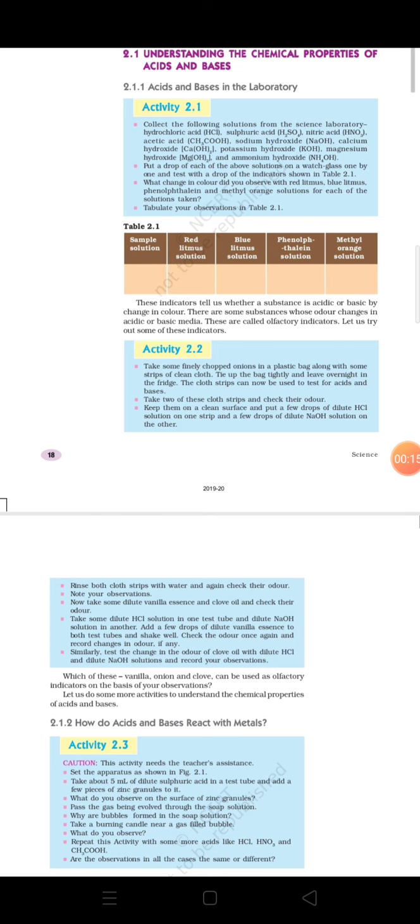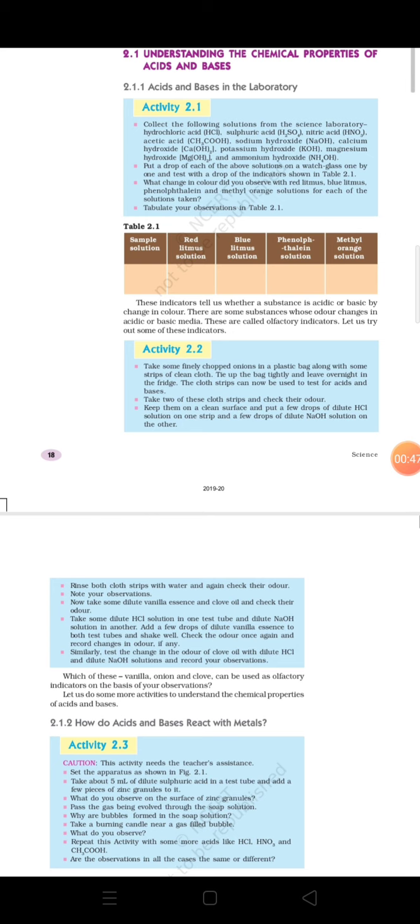Activity 2.1. Collect the following solutions from the science laboratory: hydrochloric acid HCl, sulfuric acid H2SO4, nitric acid HNO3, acetic acid CH3COOH, sodium hydroxide NaOH, calcium hydroxide CaOH twice, potassium hydroxide KOH, magnesium hydroxide MgOH twice, and ammonium hydroxide NH4OH.